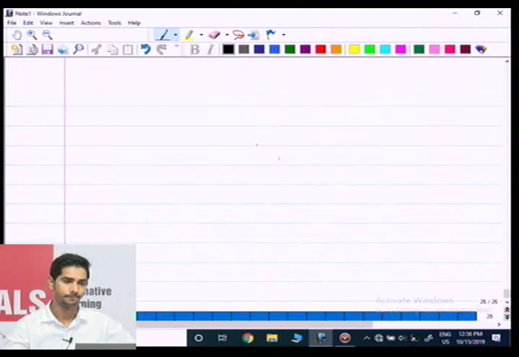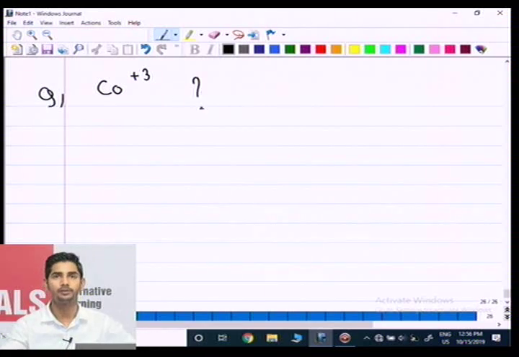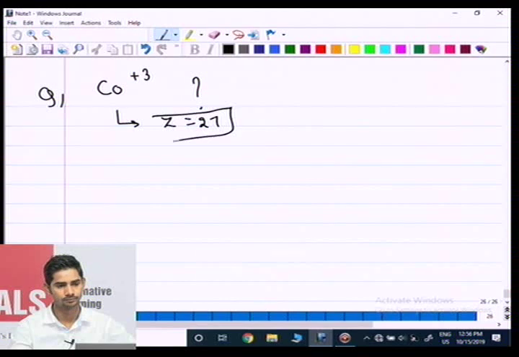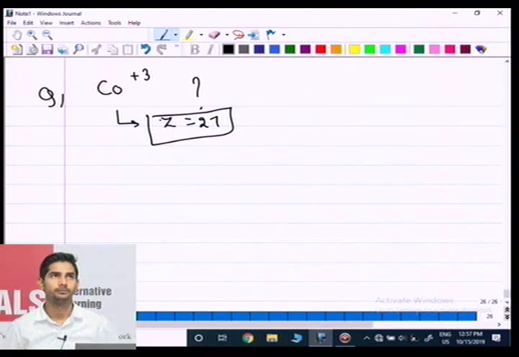Okay. Now, cobalt 3 plus. Number of unpaired electrons in cobalt 3 plus. Atomic number is 27. Z is 27. Number of unpaired electrons in cobalt 3 plus.